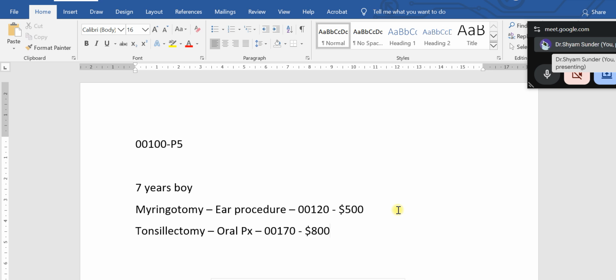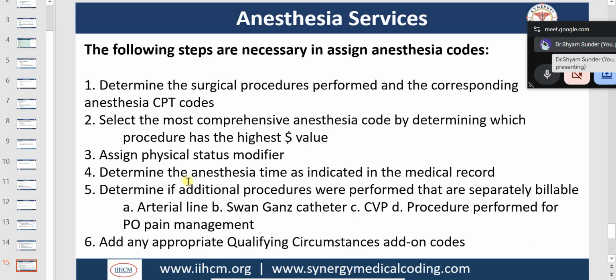Start time, stop time. The anesthesia will get paid for the time also. You're allowed to code only one anesthesia code. So if you have a choice, whichever has the higher dollar amount, that you will report. So you will report only 00170. That's the meaning of the second step: select the most comprehensive procedure code by determining which procedure has the highest dollar value if there are multiple procedures.